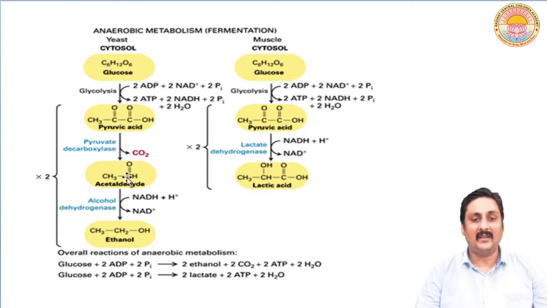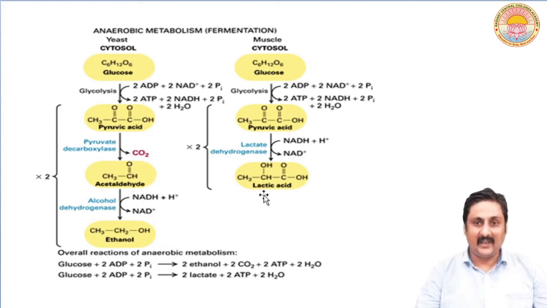Then acetaldehyde is converted into ethanol in the presence of an enzyme called alcohol dehydrogenase. Here you see the difference. During the process, carbon dioxide is released, and NADH is converted to NAD+.